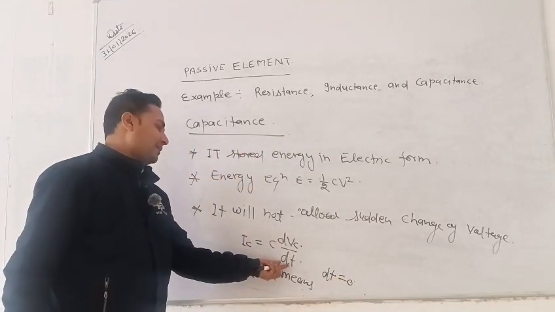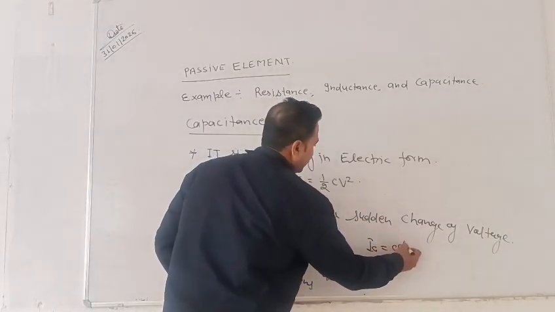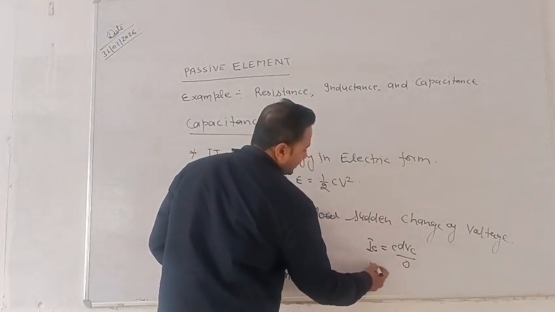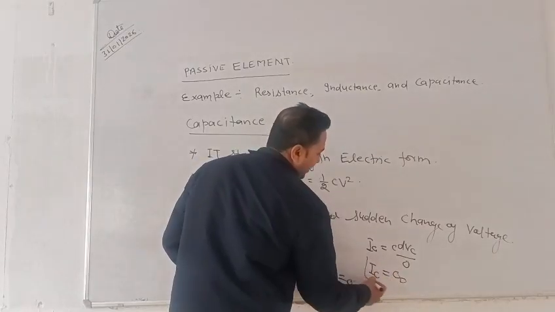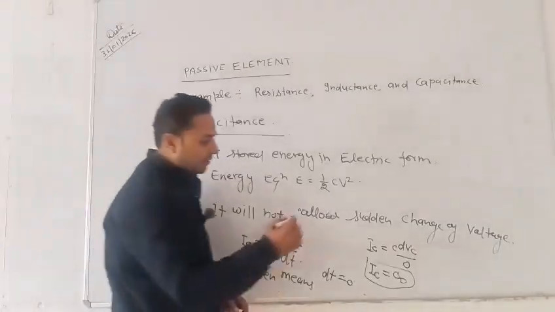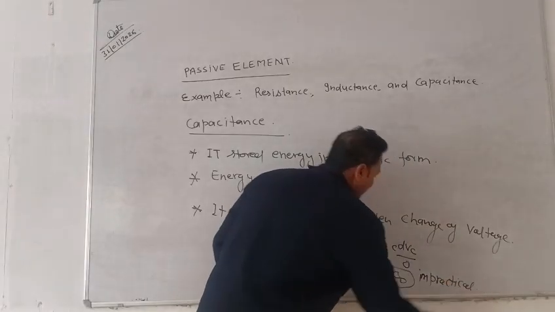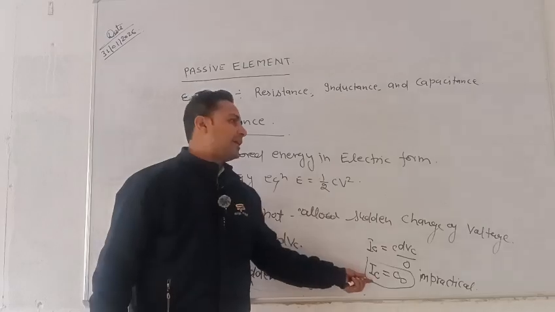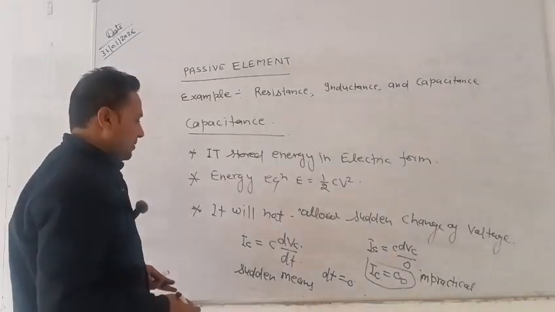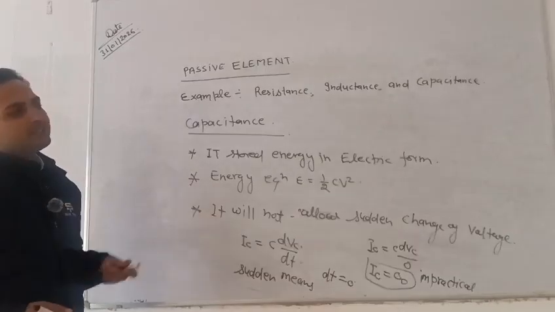If we put the value of dt as 0, IC is equal to infinite. This is also impractical, because high initial current flows in the circuit, so the circuit may blast or burn immediately. So this is the basic third property of the capacitance.